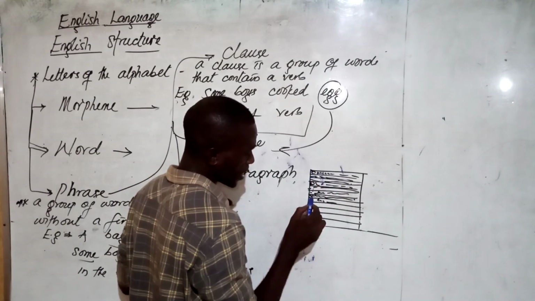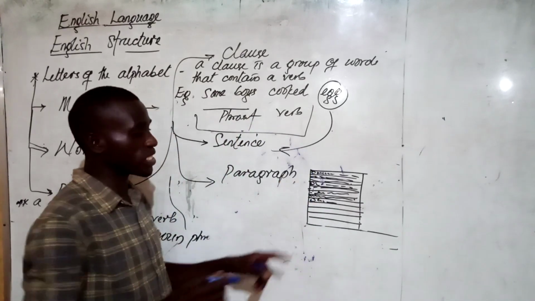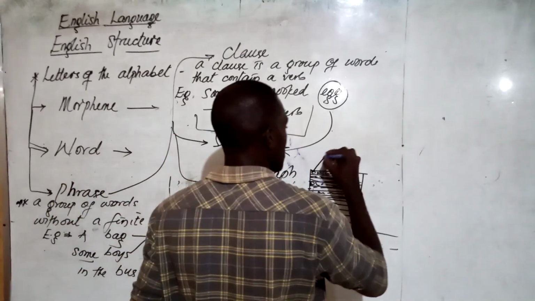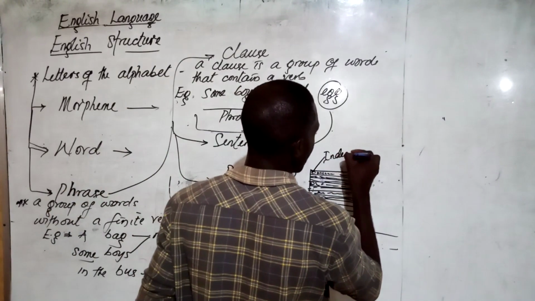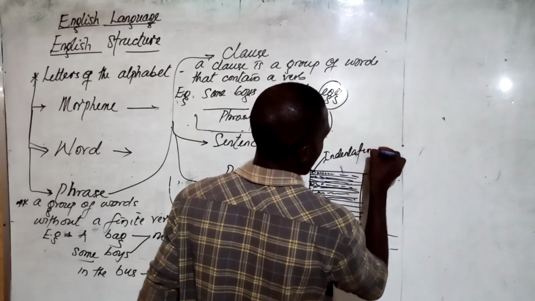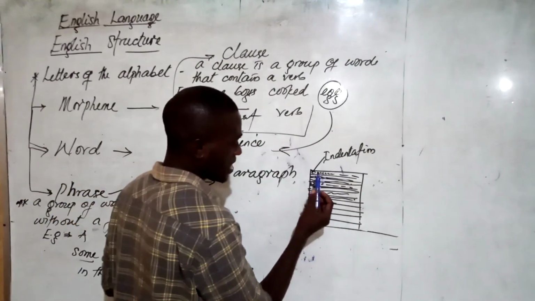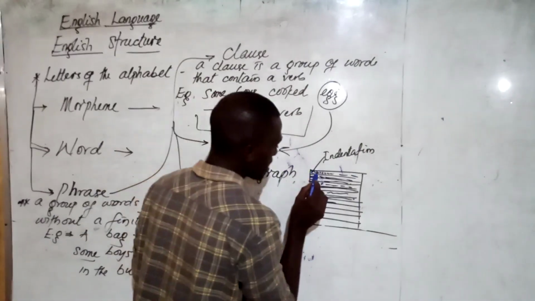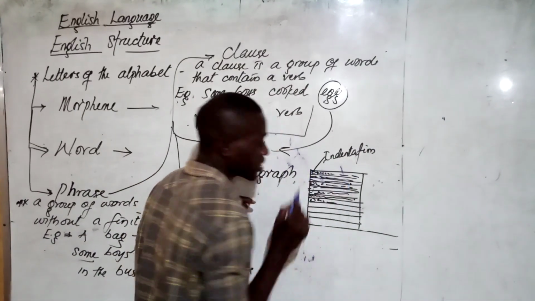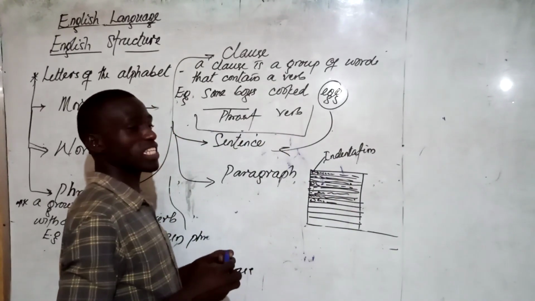Those small spaces are not called paragraphs, those small spaces are called indentation spaces. But the paragraph is this idea that ran from here to this point, and so that is a paragraph.